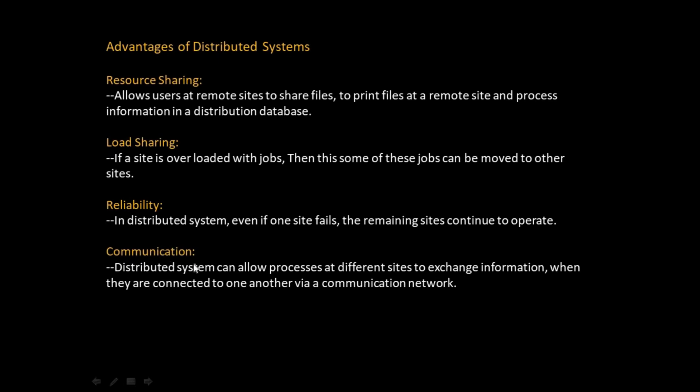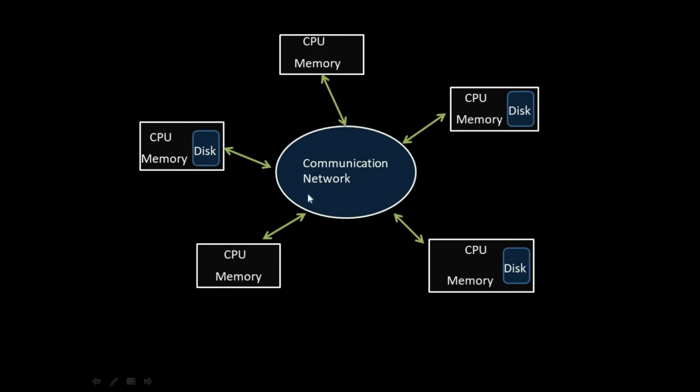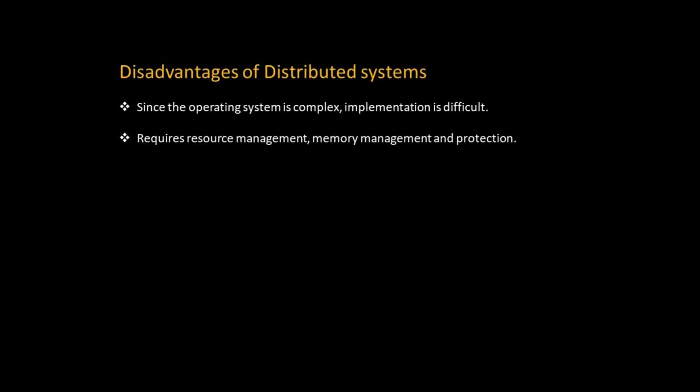A distributed system can allow processes at different sites to exchange information when they are connected to one another via a communication network. As we saw in the diagram, each of the nodes is connected via a communication network, so it is easier for all of these nodes to communicate with each other.